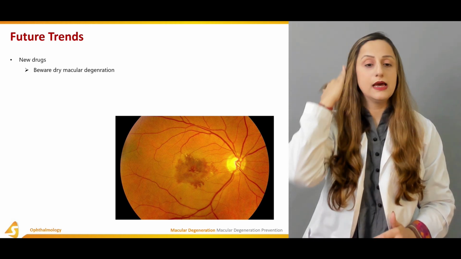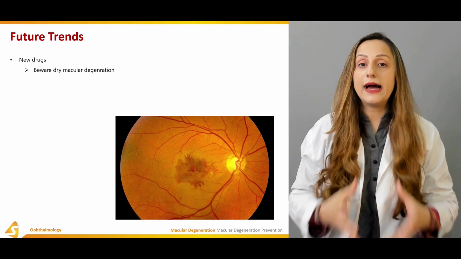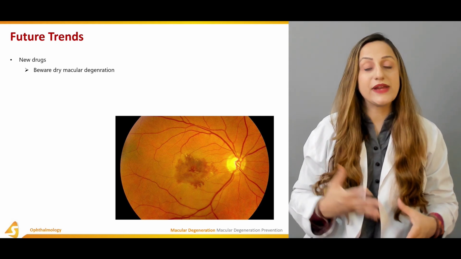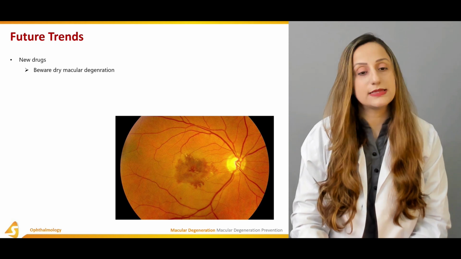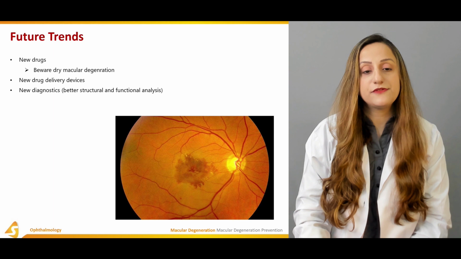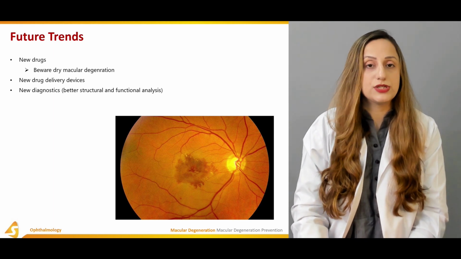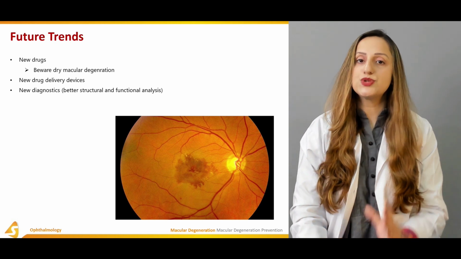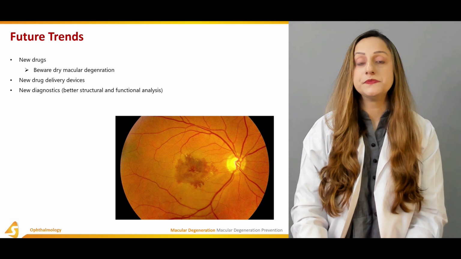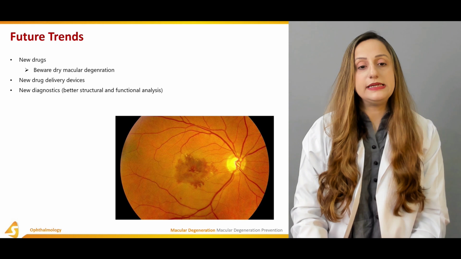The newer drugs: beware of dry macular degeneration, because dry macular degeneration would not respond well to these newer drugs that are being used. Newer drug delivery devices are being devised, and then we have new diagnostics with better structural and functional analysis, just to diagnose the case more accurately and to see what kind of macular degeneration we're dealing with over here.